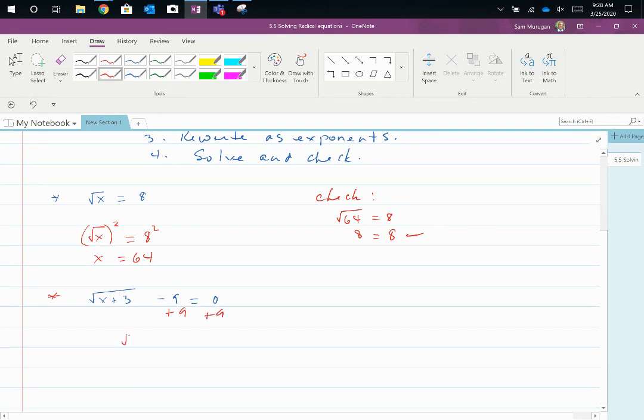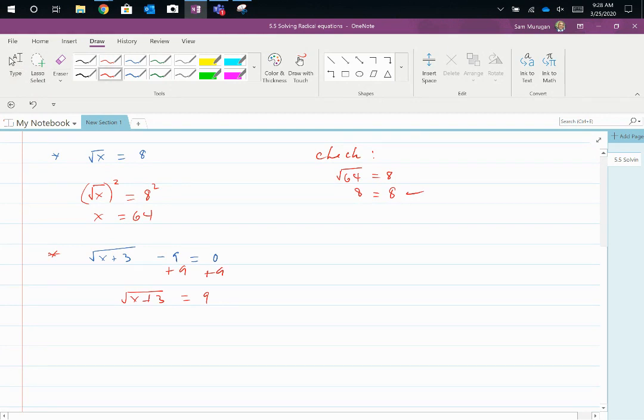We get the square root of x plus 3 is equal to 9. Then you want to go ahead and square both sides. So x plus 3 is equal to 81. And then take away 3 from both sides. So x is equal to 78.